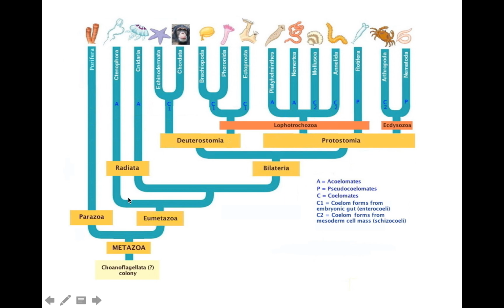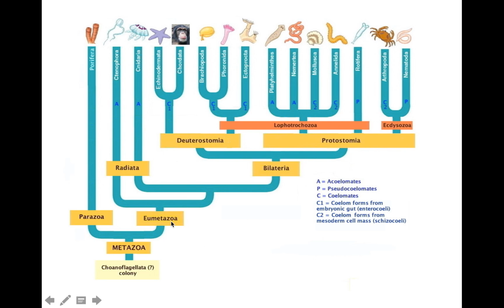Okay. So here's kind of the roadmap of where we're going to go. We have a question mark down here, the Choanoflagellata. Remember, we believe these guys were kind of like the early ancestors, or where animals might have branched off from. But when we start getting into animals, we're going to talk about the parazoa first, sponges, okay? Parazoa means near to or next to an animal. It doesn't have all the unique features of an animal, but it does have some specialized cells that protists lack.